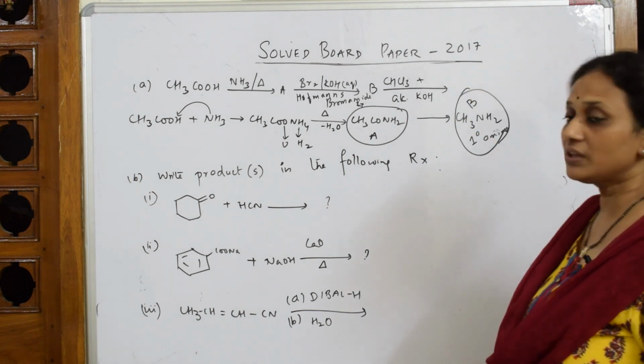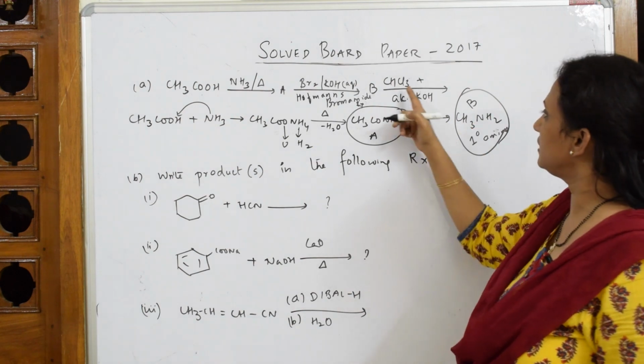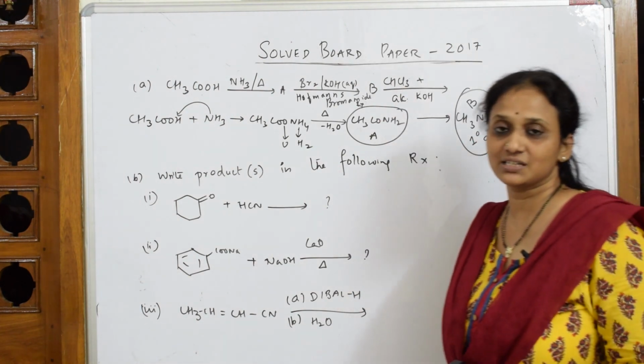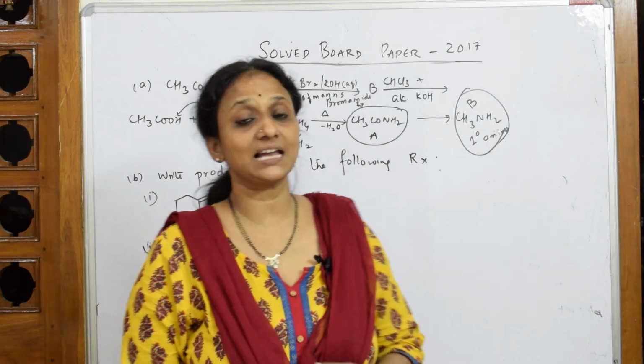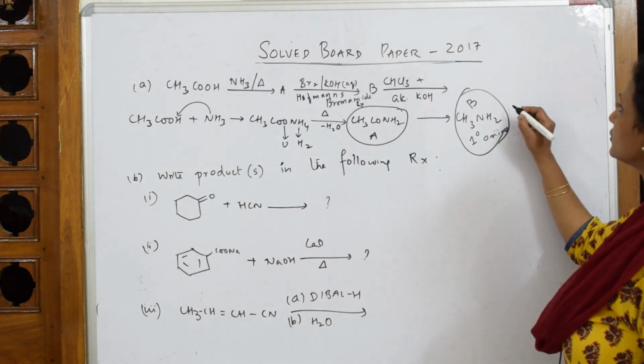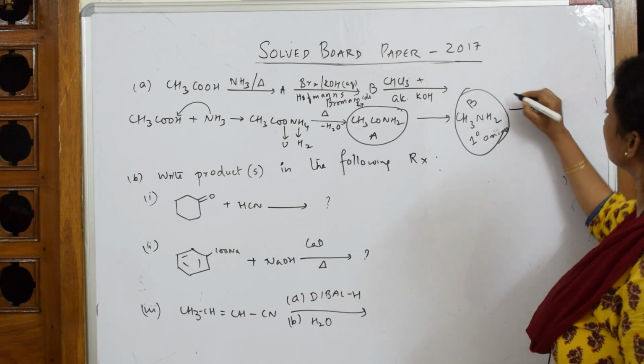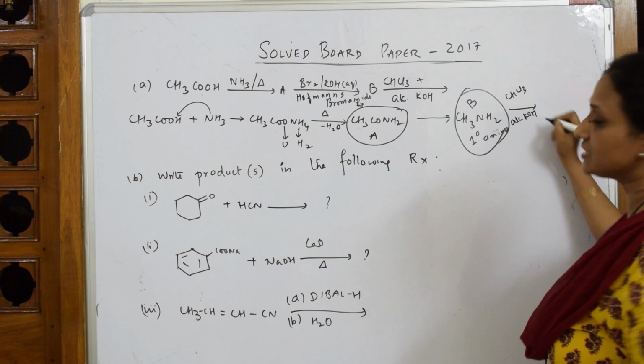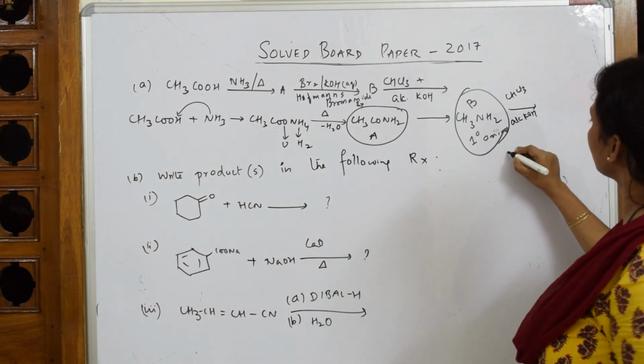Done. Now what did they do? They have again taken this primary amine. They allowed it to react with chloroform and alcoholic KOH. Okay, this is very important. Not aqueous KOH, it is alcoholic KOH. So whenever you're treating this particular thing, chloroform, and in the presence of alcoholic KOH, this reaction is called carbylamine reaction.